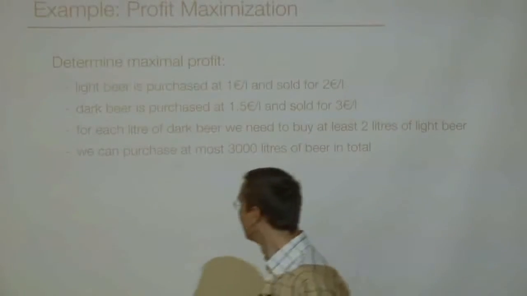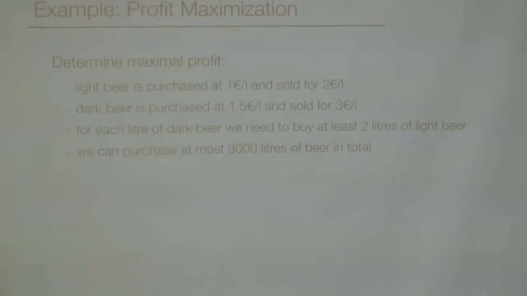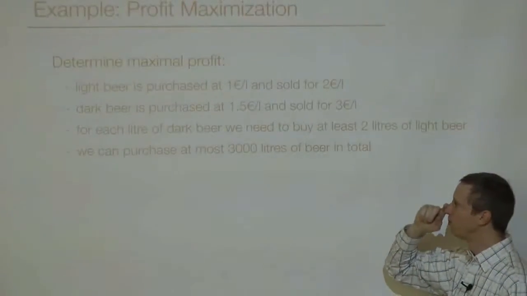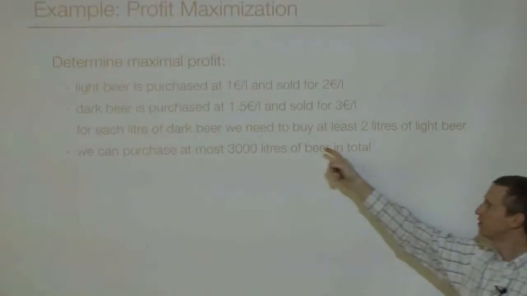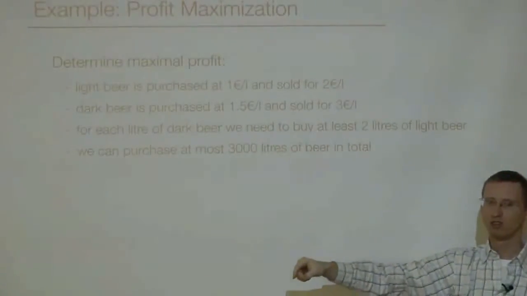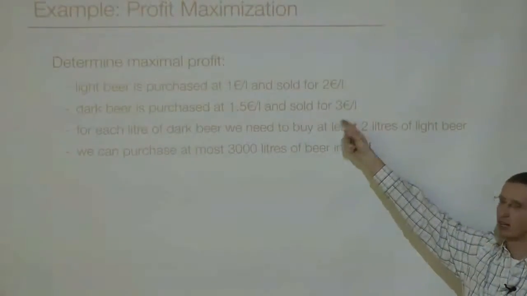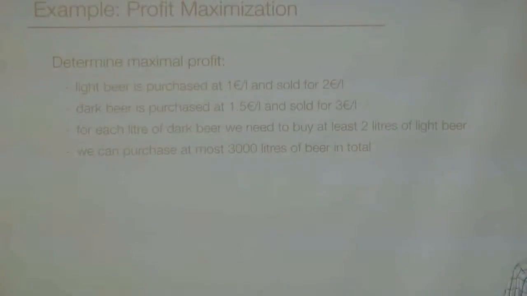So we are running a pub, and we want to buy a light beer and a dark beer. We know that the light beer we are buying at €1 per liter, selling it for €2 per liter. The dark beer is more expensive to purchase, but we are gaining more profit on that.